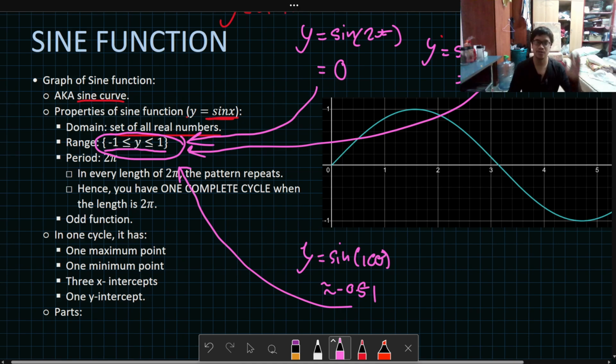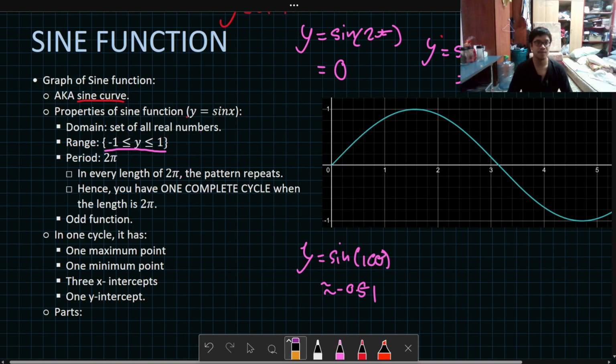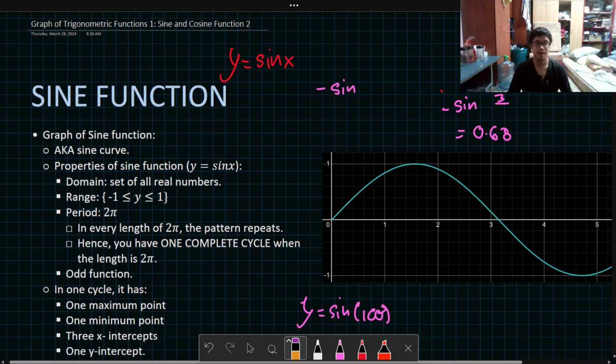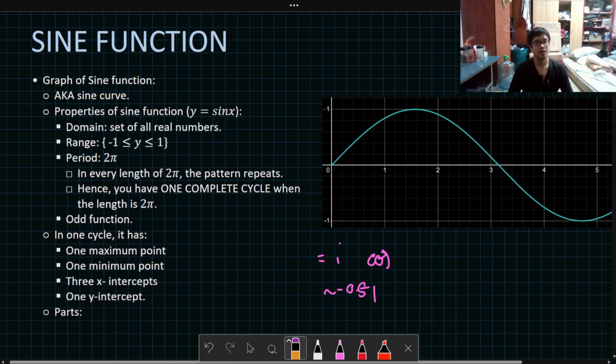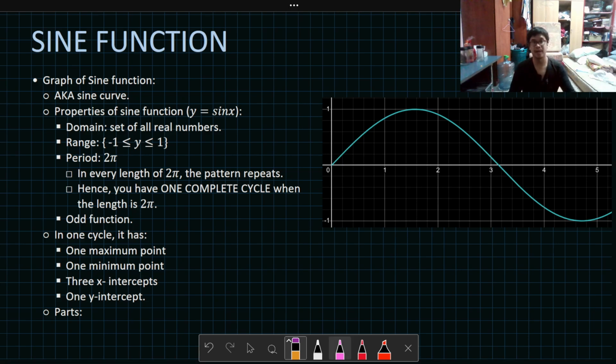Now I've told you about the range. Now let's talk about the period. Period is basically what is responsible for repeating the pattern. For the graph of the sine function, sin x, your period is 2 pi.